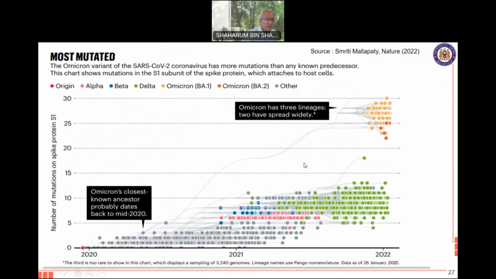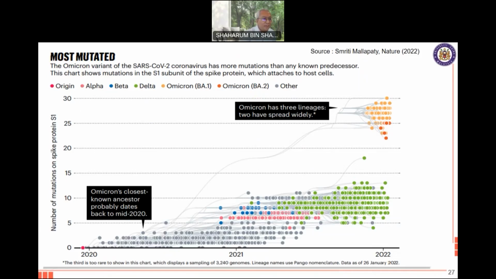You can see here the reason why Omicron easily becomes dominant is because it mutated a lot, almost 30 sites of mutations, and it produced 3 lineages here. You can see, compared to the green one, which is the Delta, less than 15 mutation sites for the Delta and the others as well.